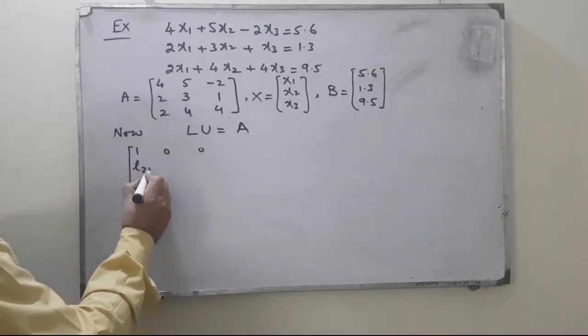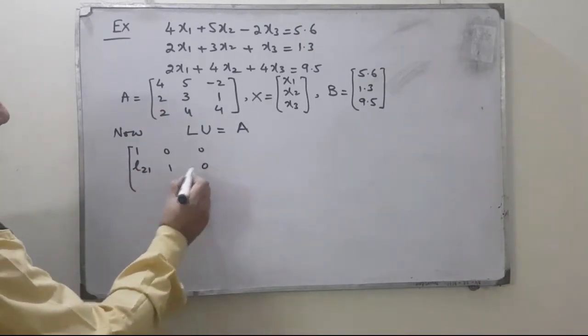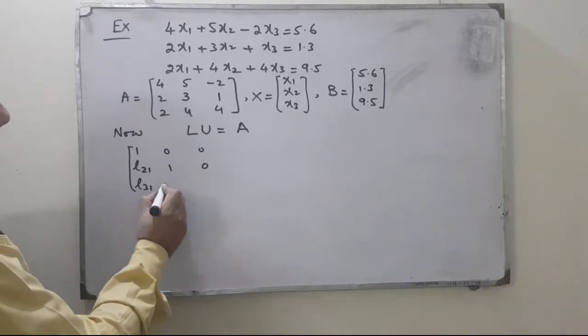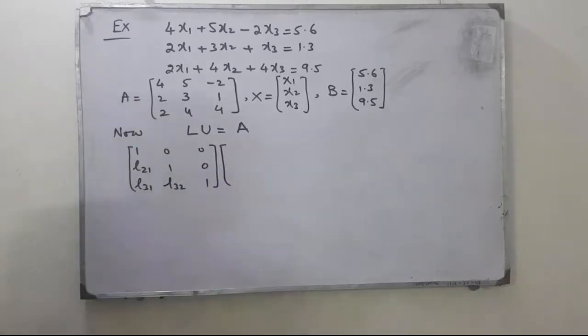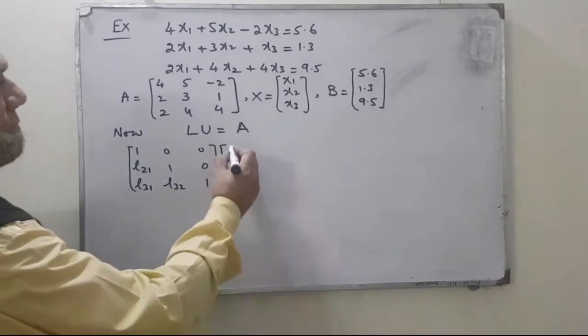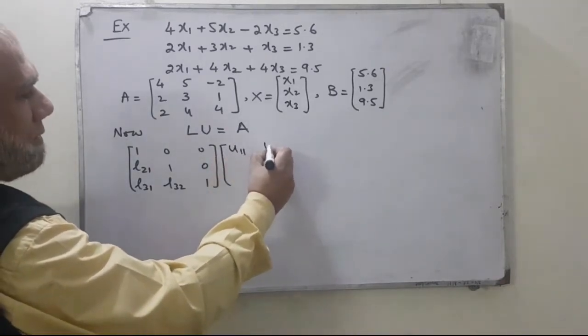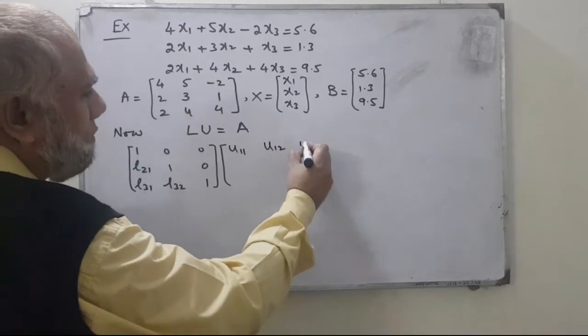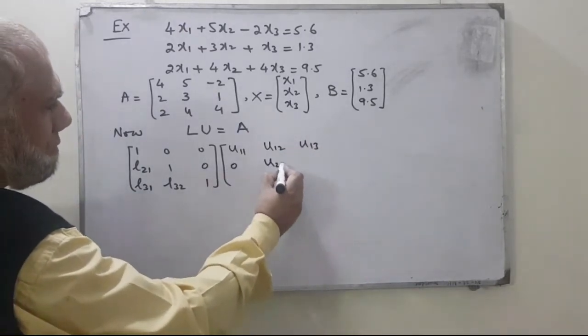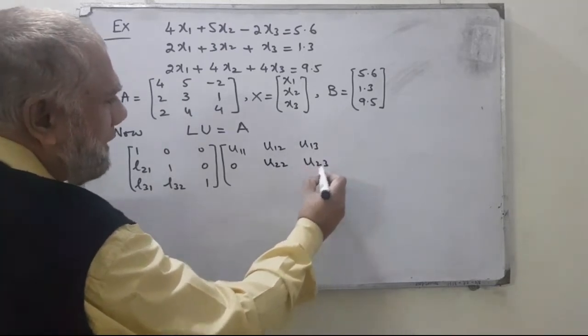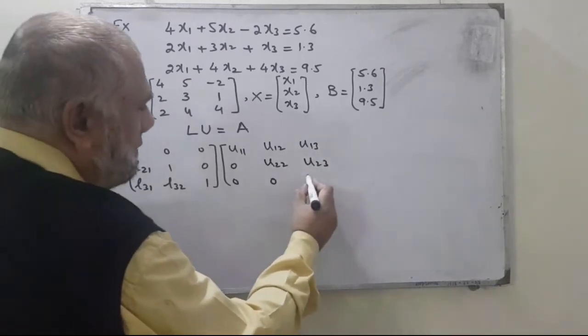So here we write down L21, 1, 0, L31, L32, 1, and U is an upper triangular: U11, U12, U13, and here 0, U22, U23, 0, 0 and U33.